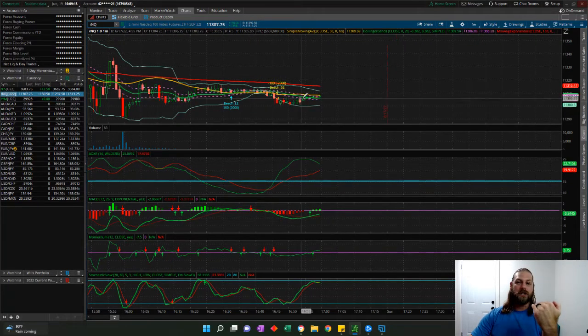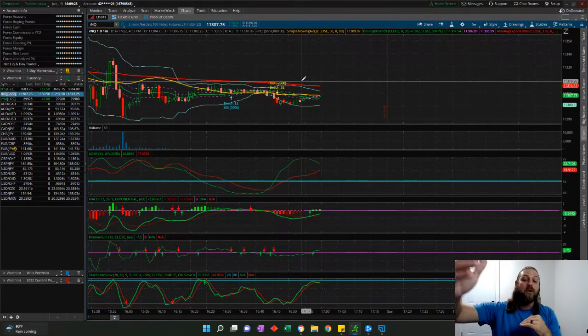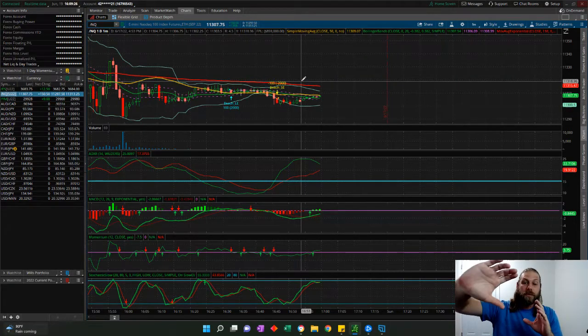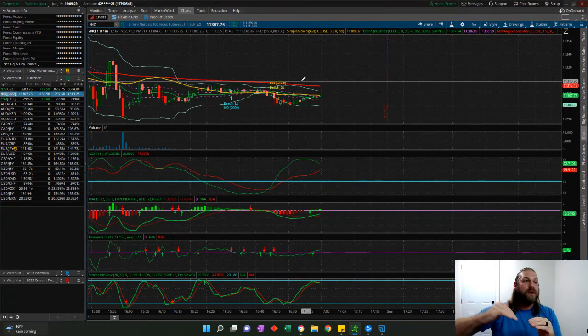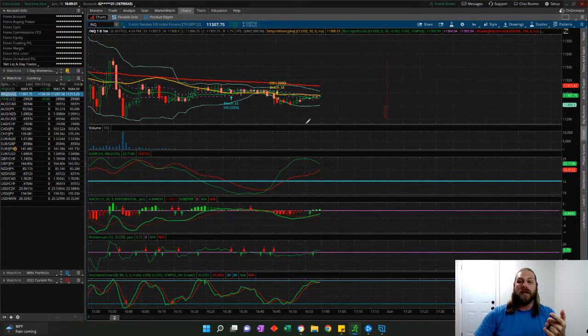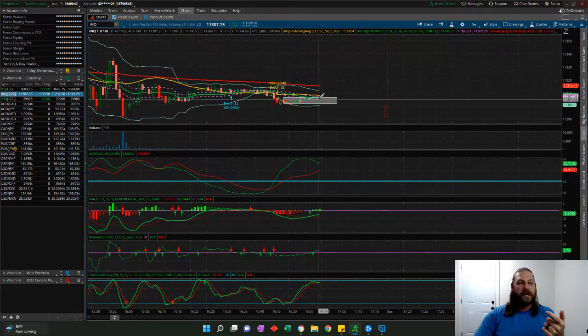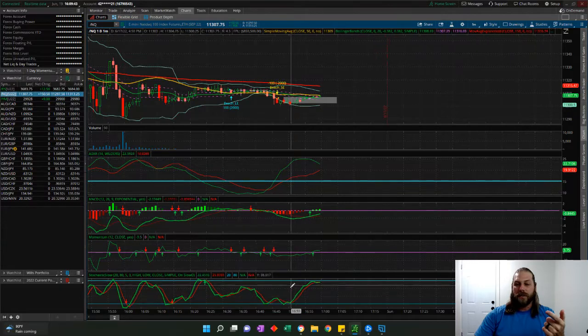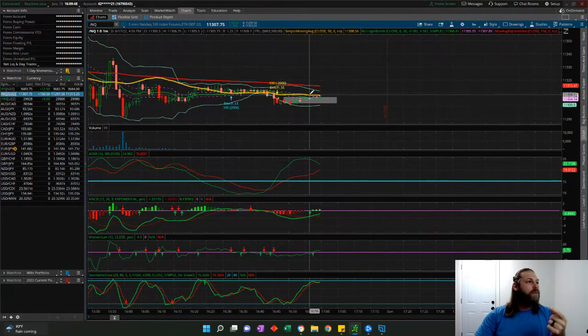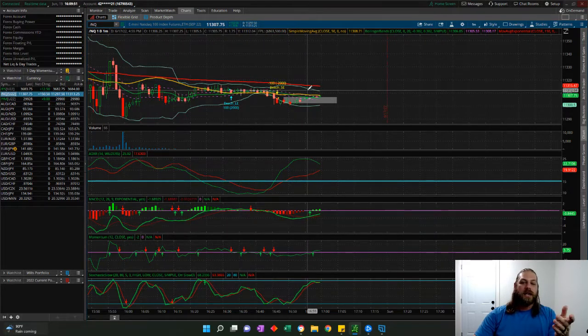I can't show long signals if I'm blocked by the 50, if I'm still under the one. The signals will show long, but if the price isn't moving with those signals, that's something to be aware of. Meaning, if you only got this little itty bitty bit of movement from here to here for this big stochastic run up, and this coming above and this going above, then we have to watch to see what it's going to do, because it's not long and it's not short.